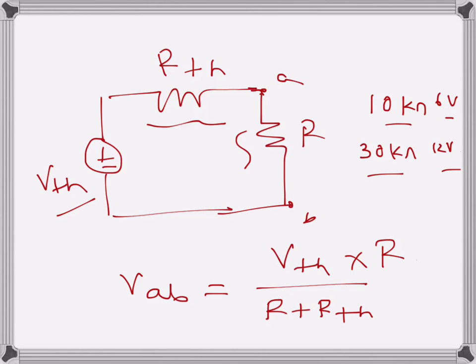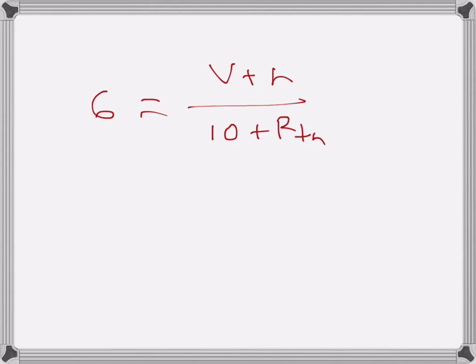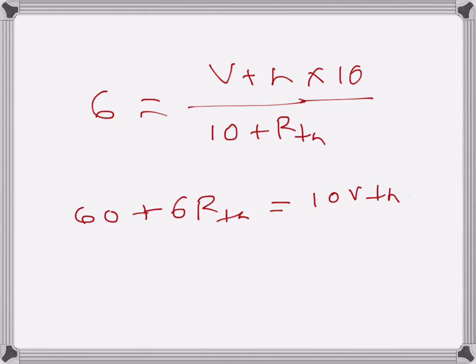So let's do that. When VAB is 6 volts, it is V Thevenin over the value of the resistance, 10 kilo ohms plus R Thevenin, which we don't know, times 10. So this is 60 plus 6 R Thevenin is equal to 10 V Thevenin. So this is equation 1.